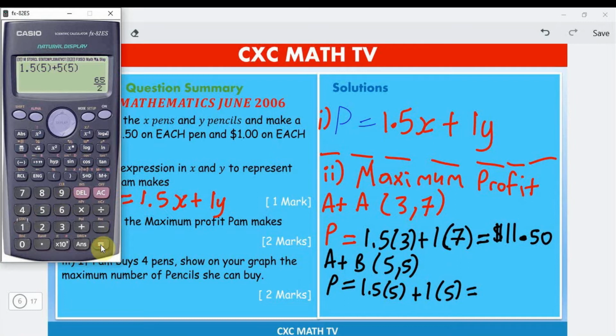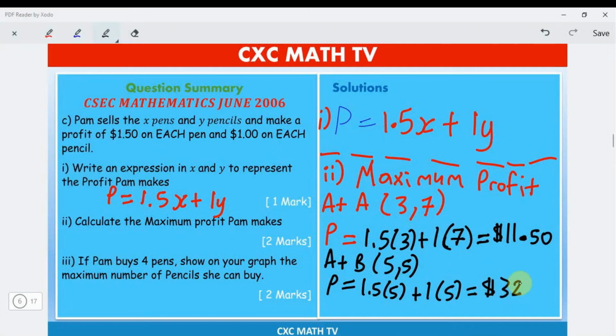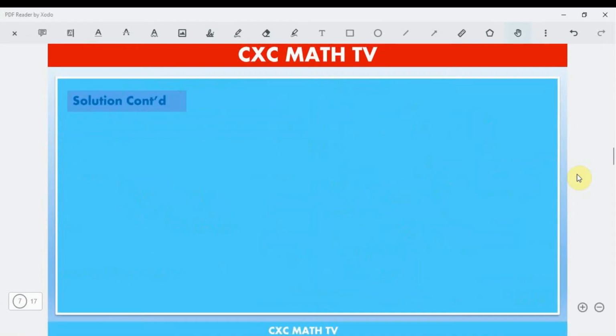And what we get is $32.50. Whoa, that's a lot of profit. So now we need to check at C. So remember, we're looking to find out which one is going to give us the most profit, and then that will be the maximum profit.